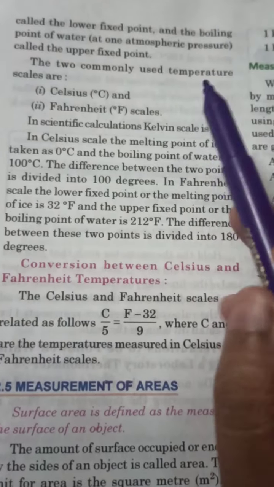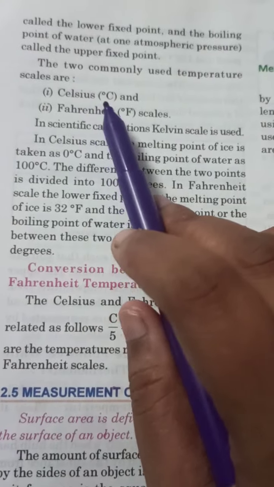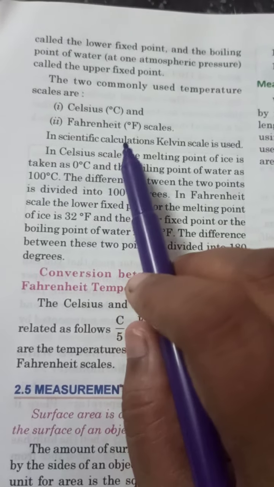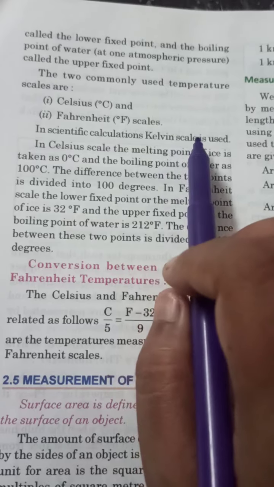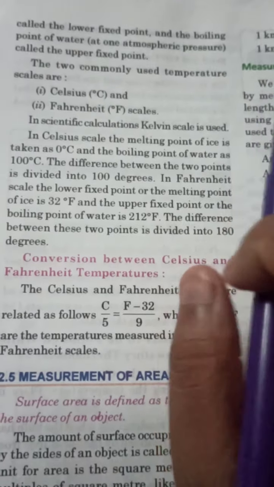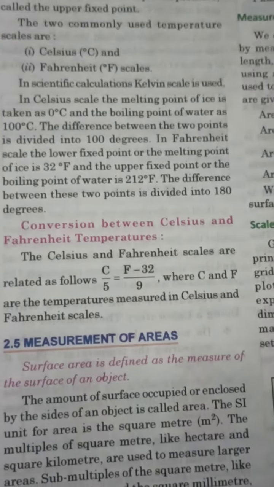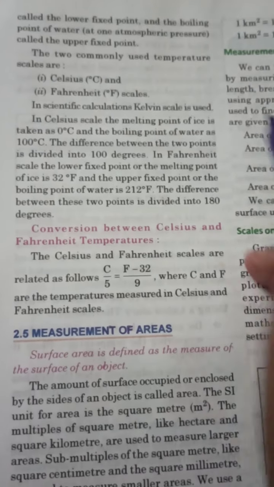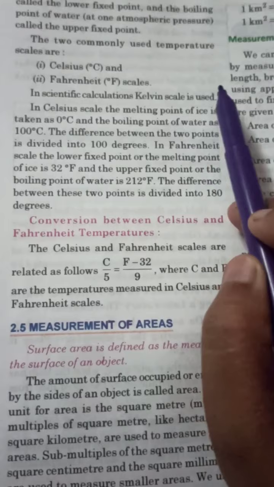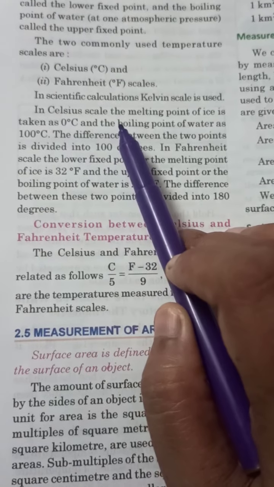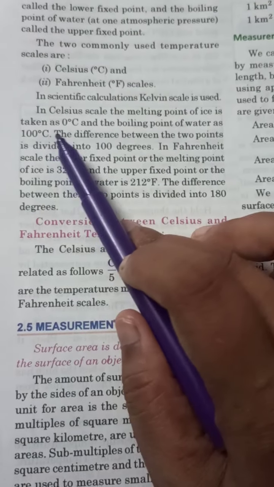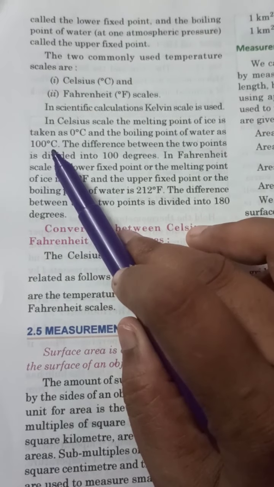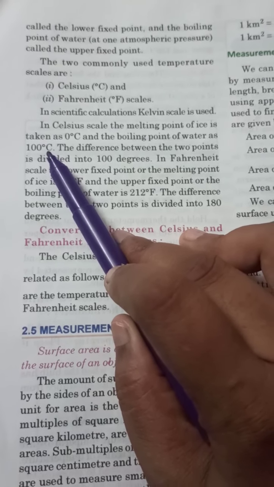Now the two commonly used temperature scales are Celsius and Fahrenheit. In scientific calculations, the Kelvin scale is used. Whenever we do any scientific calculations or numericals, at that time the Kelvin scale is used for temperature. In the Celsius scale, the melting point of ice is taken as 0 and the boiling point of water is taken as 100 degree Celsius.